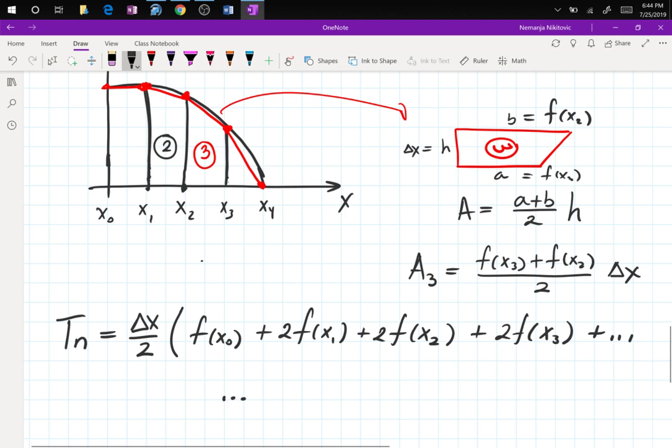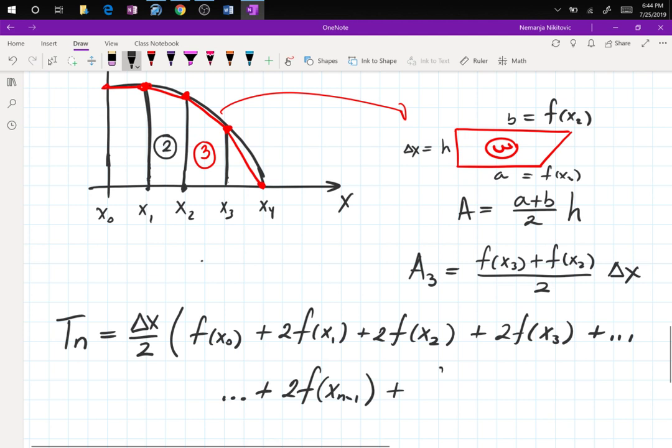When you go to the second to the last one, it's still 2 times, and I put n minus 1 to signify that that's 1 before the end. So if you are doing 9 rectangles, then n is 9, well, n minus 1 is 8, so this is the one before, right?